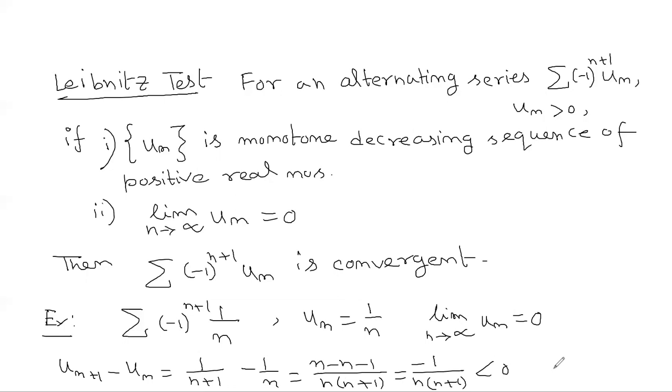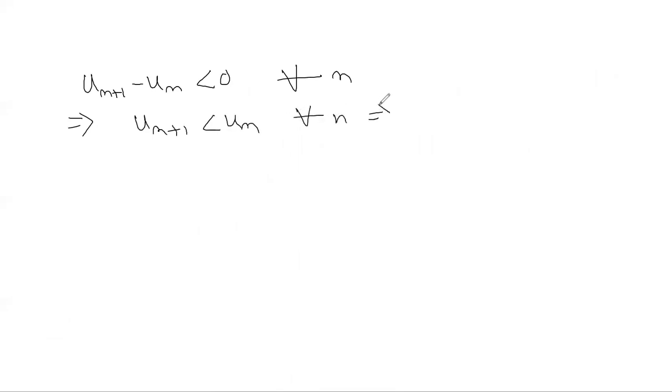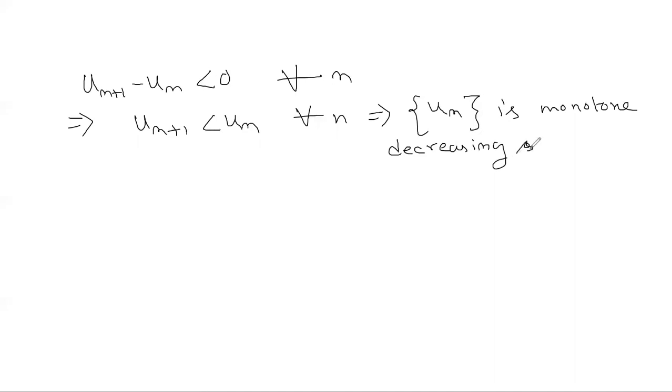So here you can see u(n+1) minus un is less than 0 for all n. That means u(n+1) is less than un for all n. So that implies the sequence un is a monotone decreasing sequence of positive real numbers, a decreasing sequence of positive reals.